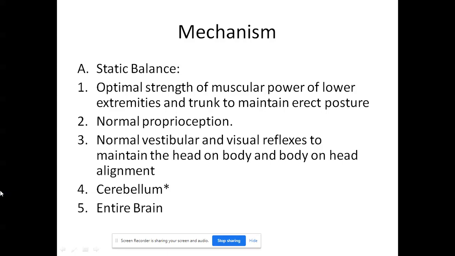Coming down to the third point, normal vestibular and visual reflexes in order to maintain head on body and body on head alignment, as we already saw in the previous video. Fourth one, cerebellum. And fifth one, entire brain. Though the cerebellum is a part of the brain, I've still quoted it as a different point because the cerebellum is very important when we are talking about static balance.